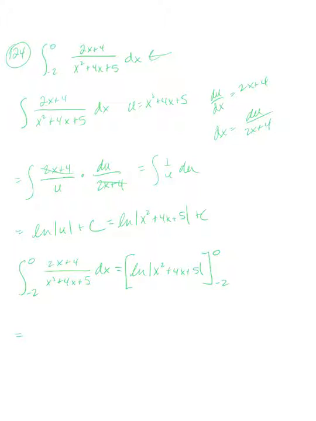Okay, so when I plug in a 0, I get the ln of 5. And when I plug in -2, square it, you get 4. 4 minus 8 is -4, plus 5 is 1. So I get the ln of 1. All right, so the ln of 1 is 0. So this is just the ln of 5.